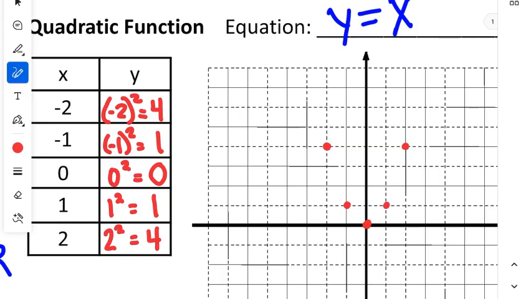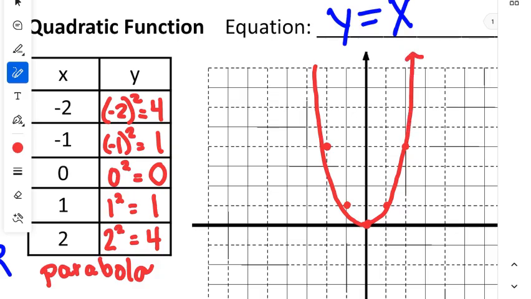Do you remember what it looks like? Yeah, it's just like a big U. It's called a parabola. Yes. So you're going to make it curved. There we go.